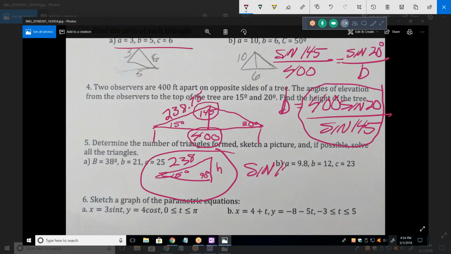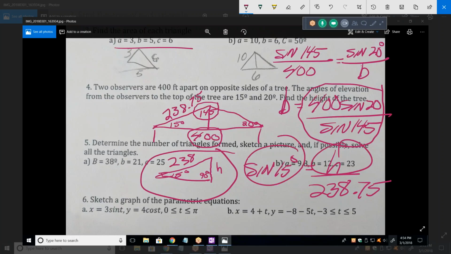Sine of 15 degrees equals the opposite side over the hypotenuse. Yes. So h is equal to the sine of 15 degrees times that hypotenuse. And that's the height of the tree.